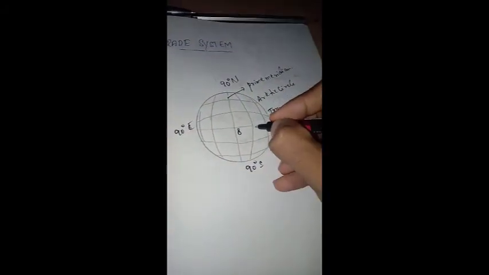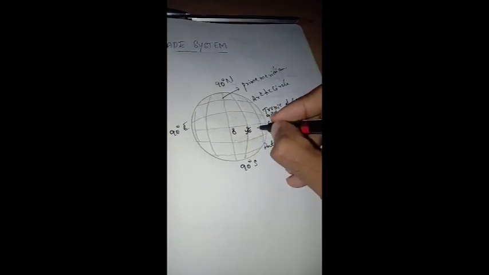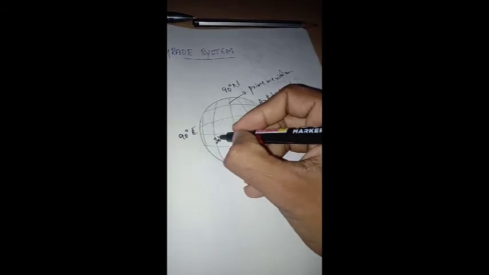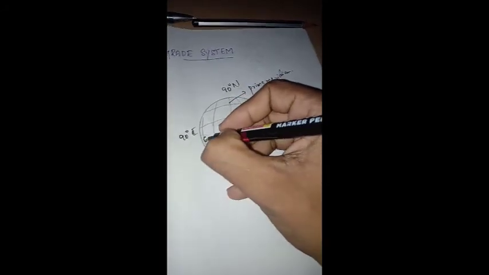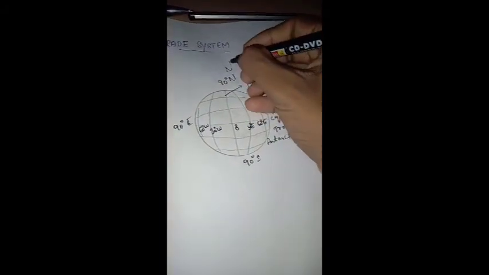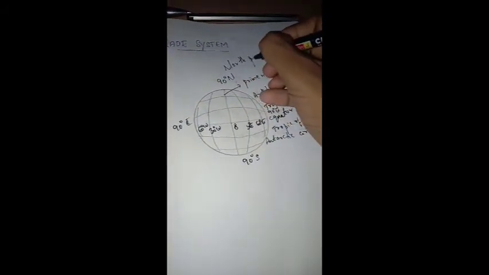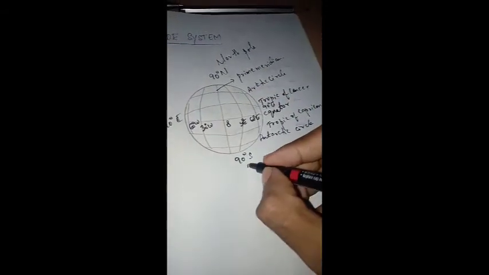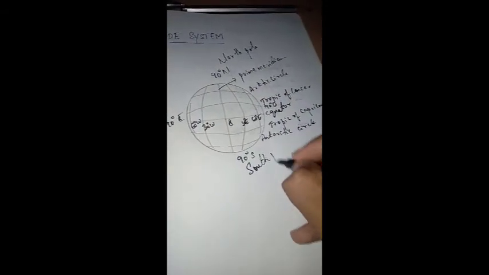Next, this is 30 degrees east, 60 degrees east, 30 degrees west and 60 degrees west. Now this is called the North Pole and this is called the South Pole.